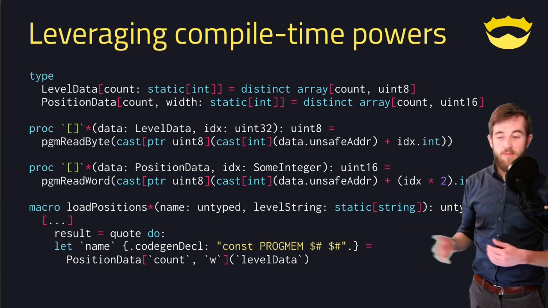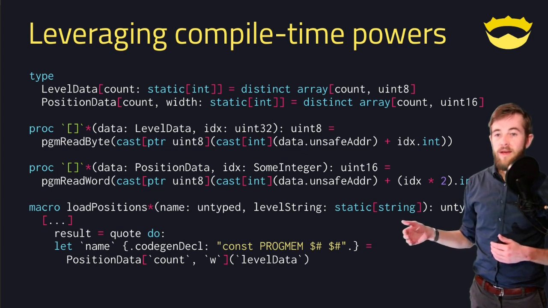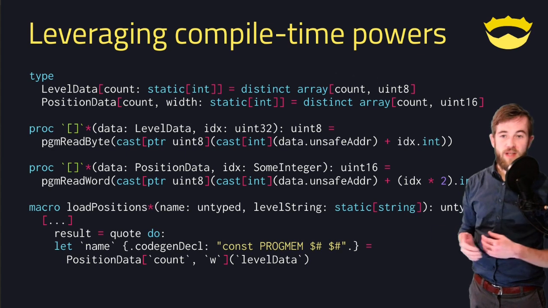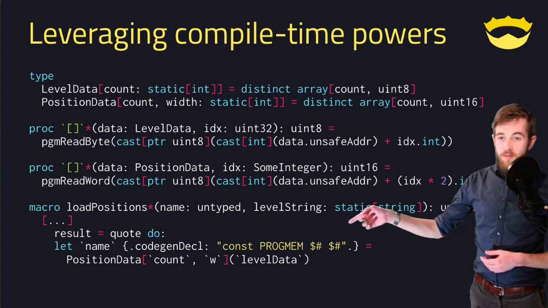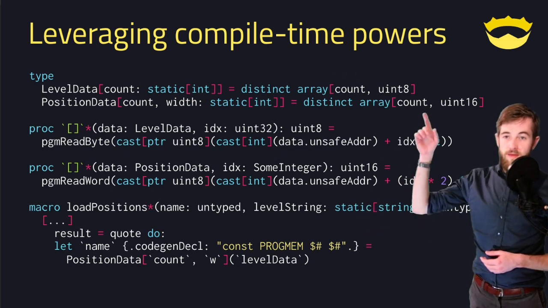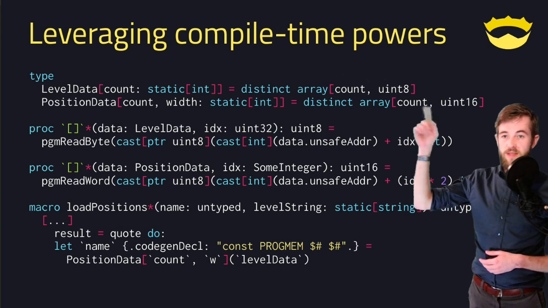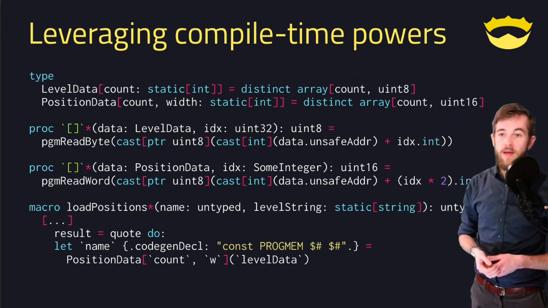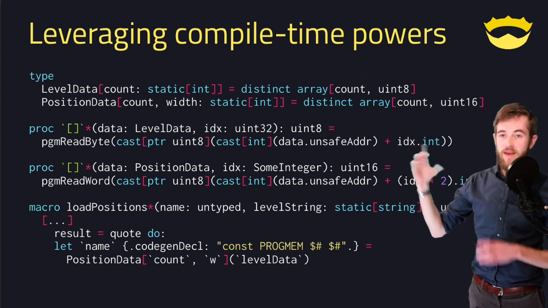And my Nim code will use that. I don't have to change anything in my code if I want to change the size of my level. It just uses the same progmem stuff, the same kind of logic with the arrays. This one has a width that isn't encoded in there, just available at compile time. And it also has these super neat procedures. These are bracket accessors.